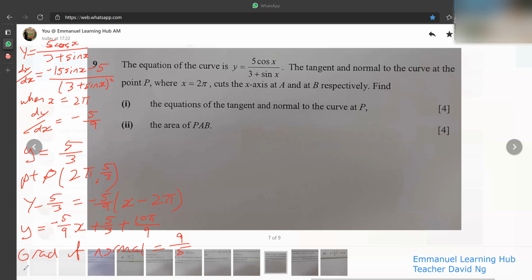So equation of normal. Okay, equation of tangent, let me write here.